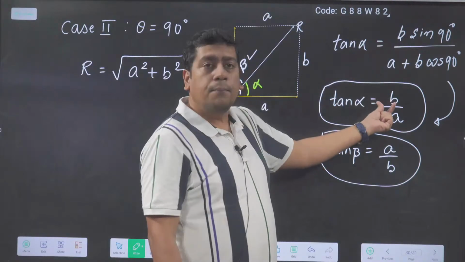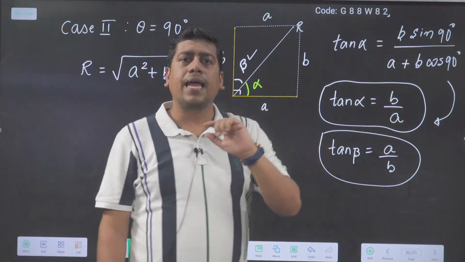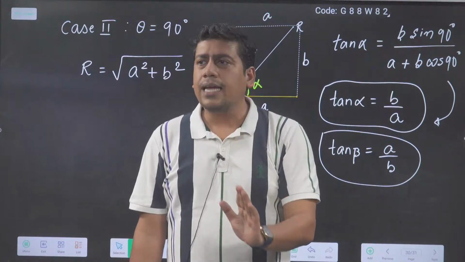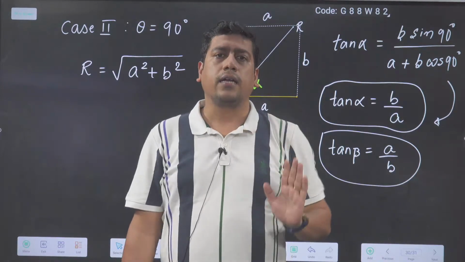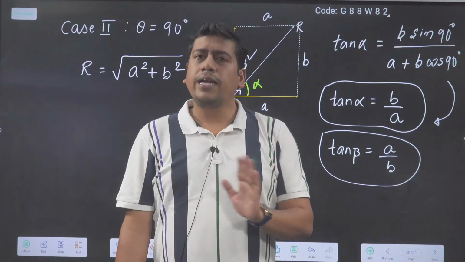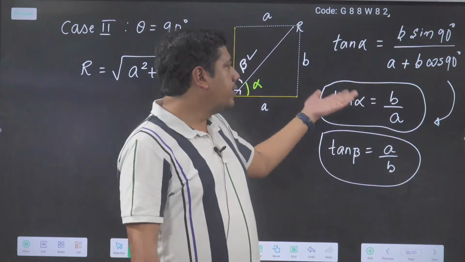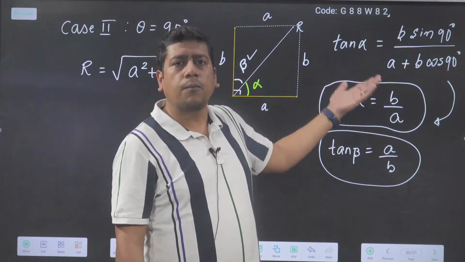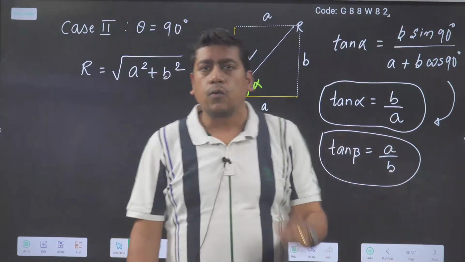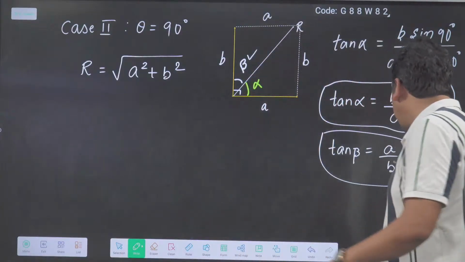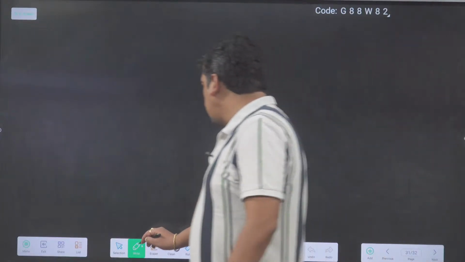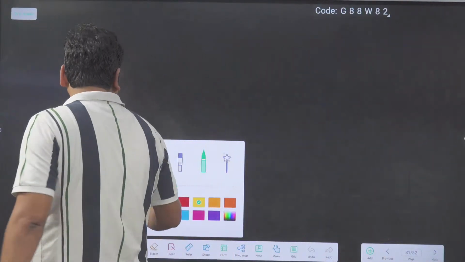Please understand, the main formula is not B by A. B by A is the formula in the special case where theta equal to 90 degrees. When it is some general theta, then this is not the formula. This formula is valid only in case of theta equal to 90 degrees. Please be aware of this thing. Okay, let's do a question to understand this.